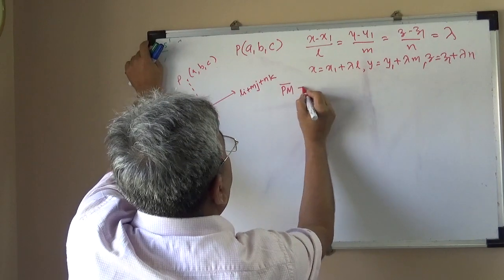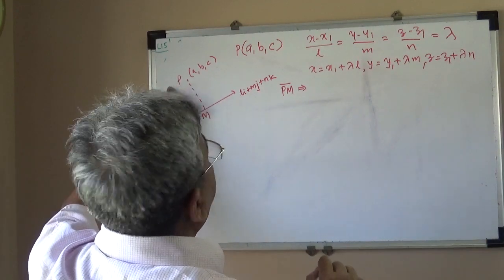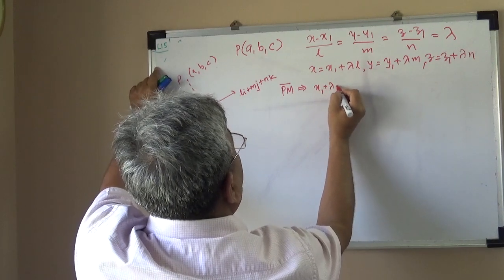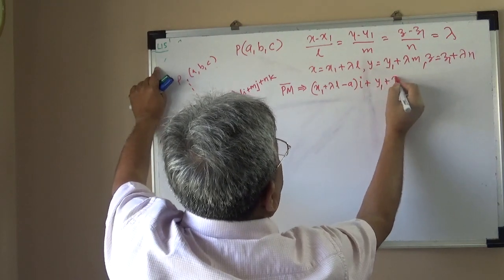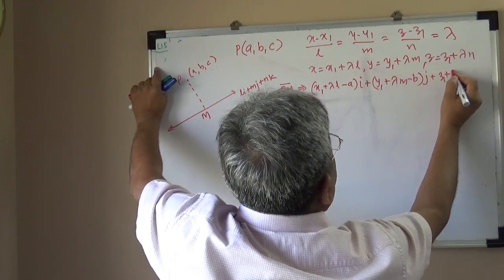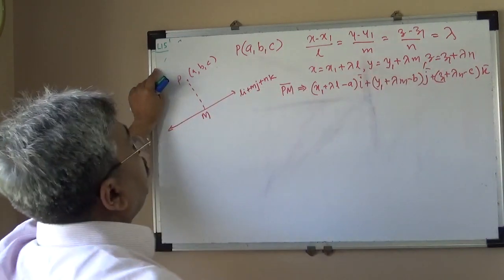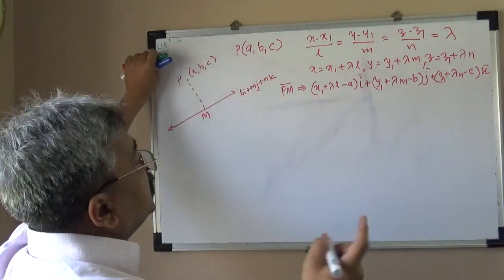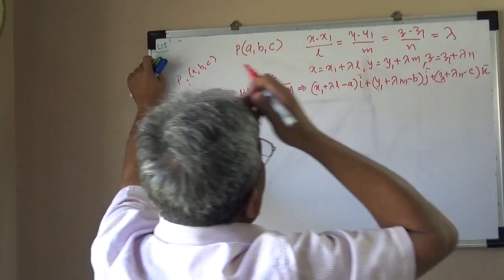Vector PM will look like x coordinate of M minus A, so (x1 plus lambda L minus A) times i plus (y1 plus lambda M minus B) times j plus (z1 plus lambda N minus C) times k is going to be vector PM, and now vector PM perpendicular to LMN should be 0, so that is what is going to give us the value of lambda.